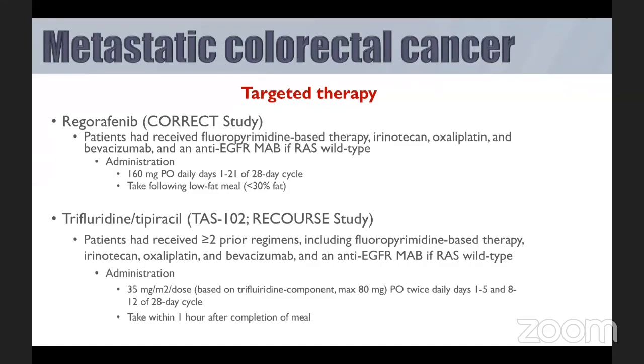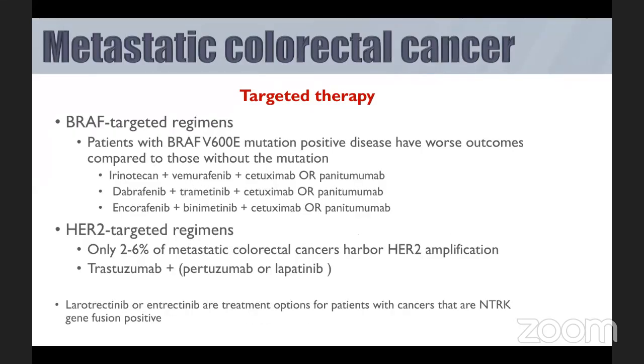We have as well TAS-102. This is a conventional chemotherapy, but it's given orally. It's considered for third-line treatment if the patient failed prior lines of therapy. Mainly you will see myelosuppression with it, and usually we recommend that they take the dose within 1 hour after completing the meal. Another targeted therapy is the BRAF targeted regimen.